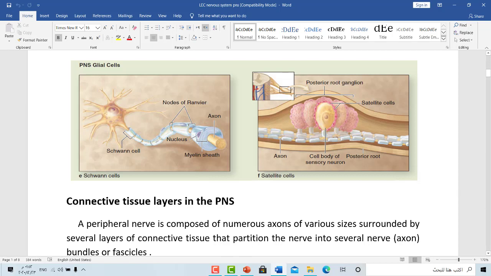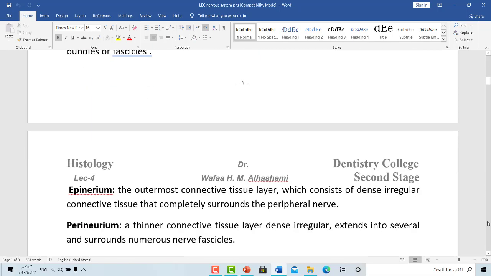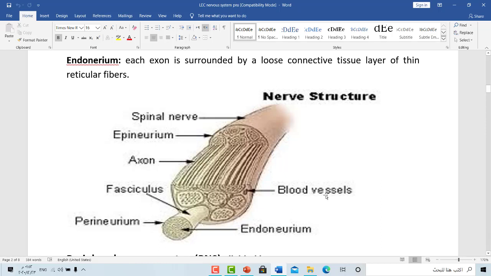Endoneurium is loose connective tissue around each axon. Bundles of axons, each surrounded by endoneurium, are also surrounded by the perineurium.